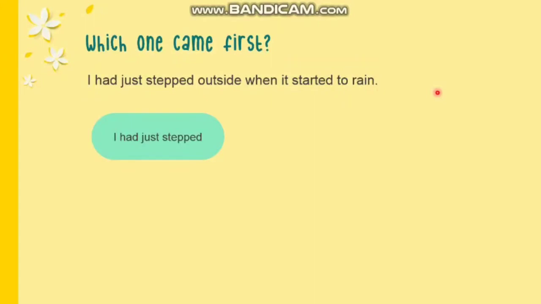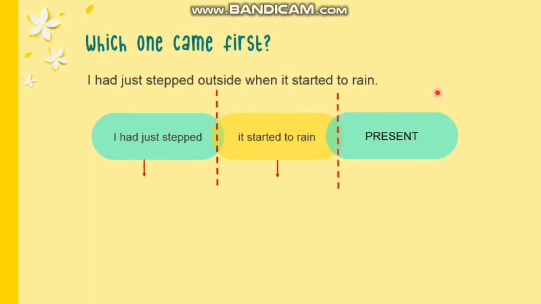Nah, kita lihat timelinenya. Let's see the timeline. I had just stepped, it started to rain, and then present. Okay, so I had just stepped itu menggunakan past perfect karena dia menggunakan to be-nya had, kemudian ada verb 3-nya adalah stepped. And then it started to rain is using past simple.